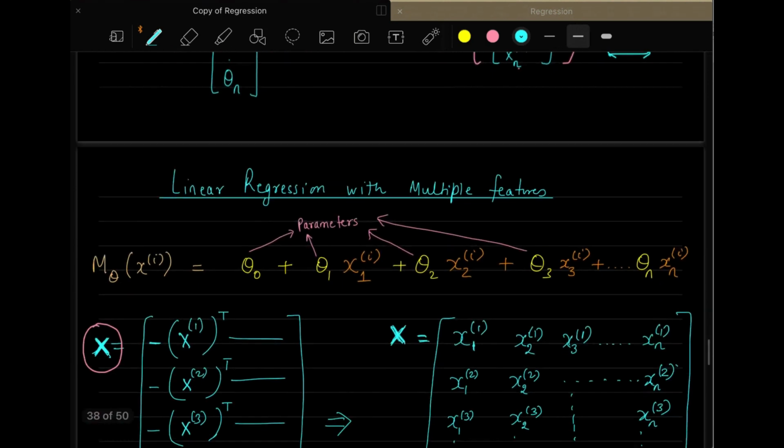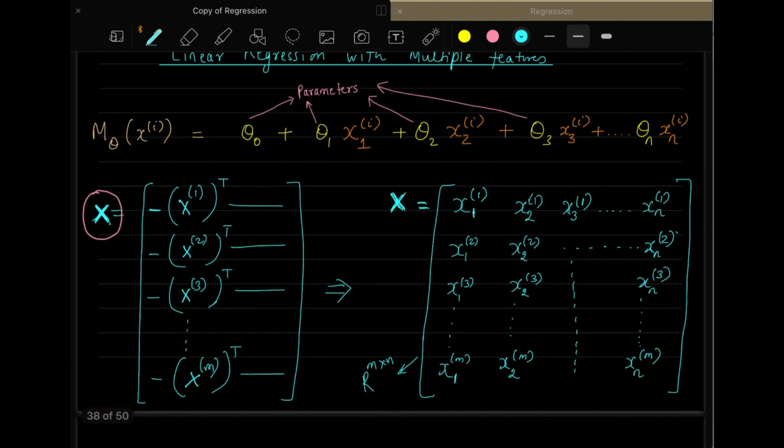So you take the transpose of it and you create a matrix which is given like this. This is the matrix, and this is a design matrix. And what is the dimension of this matrix? The dimension of this matrix is m cross n. M is the total number of samples and n is the total number of features.